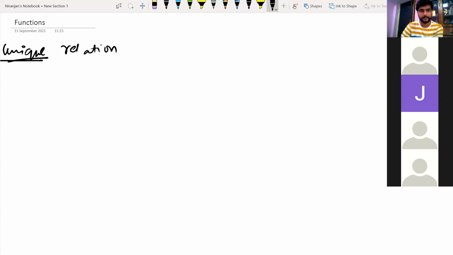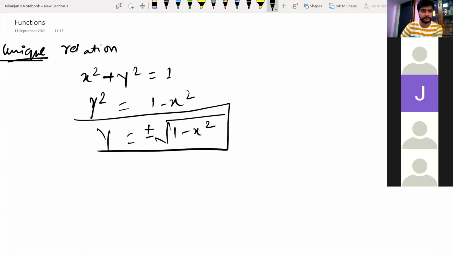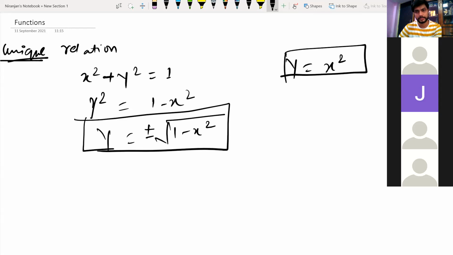So let me tell you why. Is this a function? And this is a function. Which one do you think is a function?